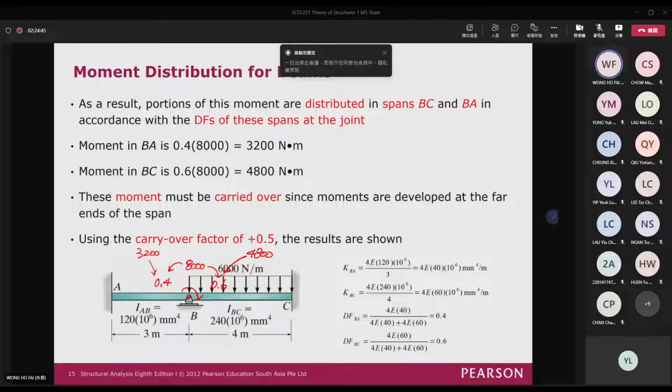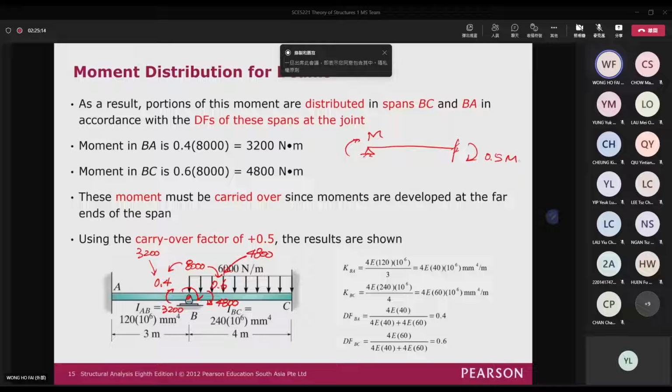So this moment will be distributed into the two. One is 4,800 on the right-hand side, and on the left-hand side is equal to 3,200 kNm. So these two moments will apply at the member ends. Then don't forget that we have mentioned if I have a pin here and I fix here, if I apply a moment here, then I will induce 0.5 M at the far end.